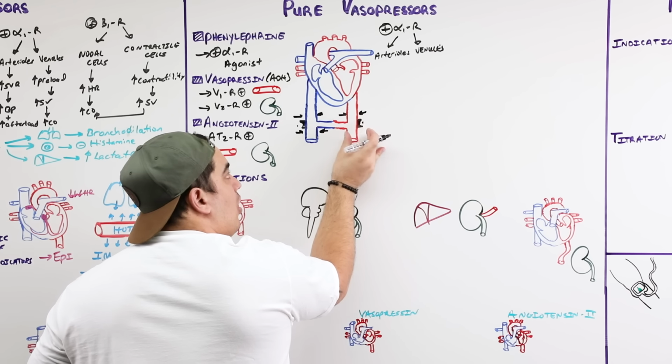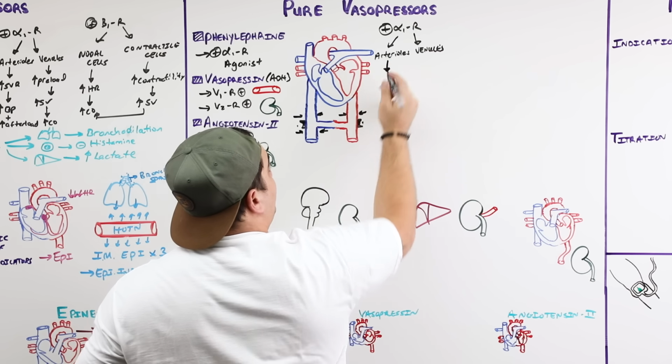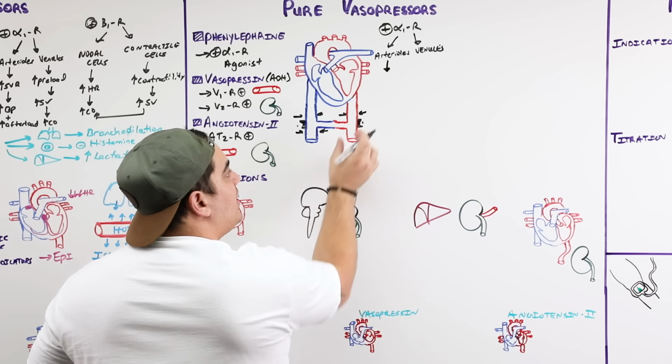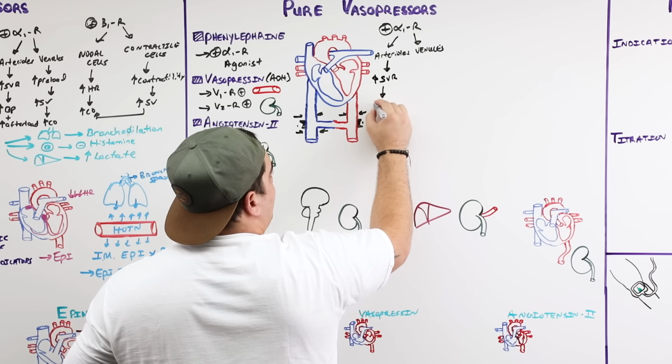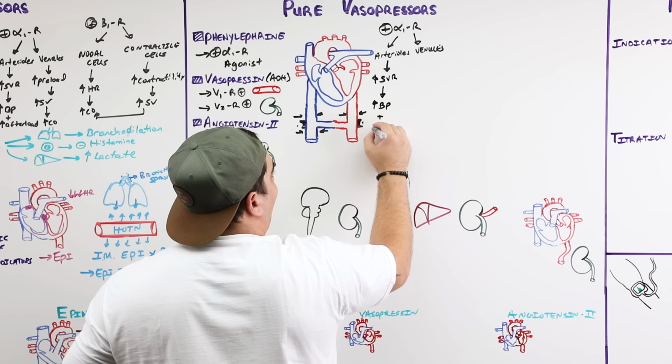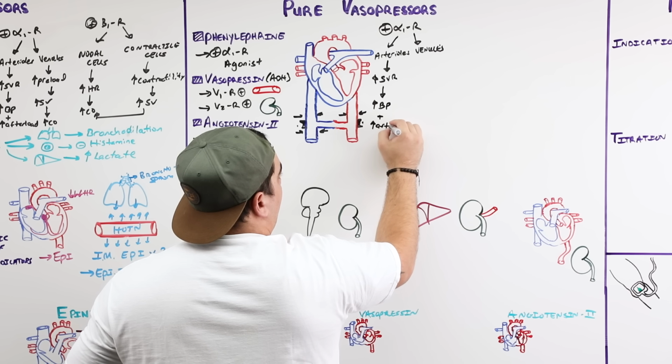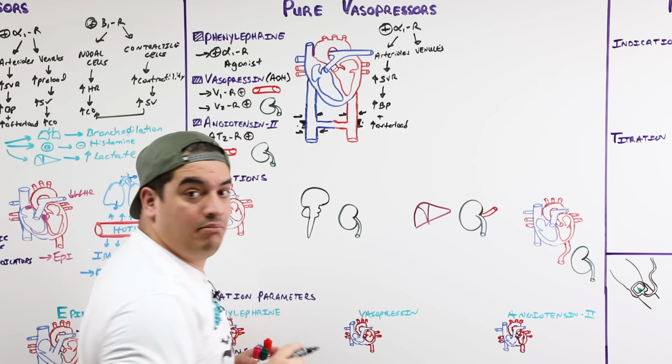If I clamp down on the arterioles, I decrease the diameter, so I increase the systemic vascular resistance, I increase the blood pressure, and I increase the afterload. That's the basic concept.